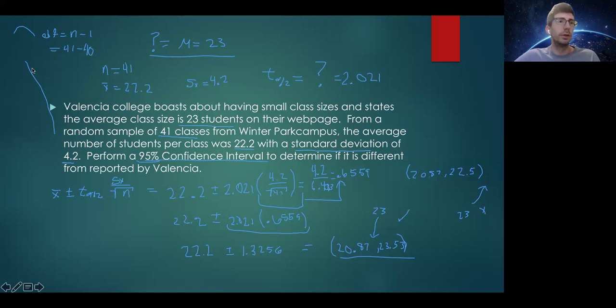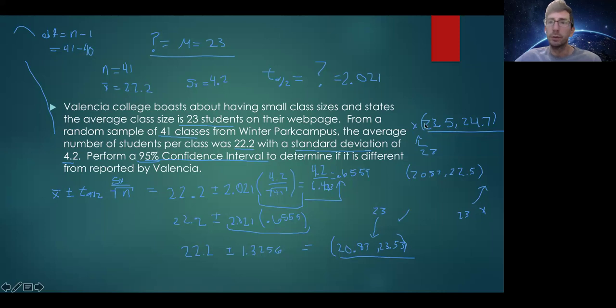If the interval we created was 23.5 to 24.7, now 23 is still outside. But now what are we saying? We're saying we're 95% confident that the true average class size for Valencia is greater than the 23 that they've claimed. 23.5 to 24.7 are strictly greater than 23.